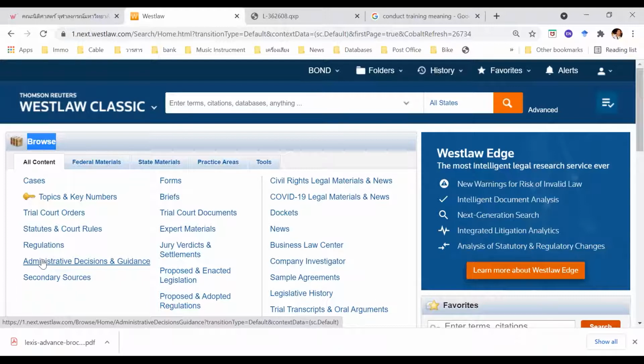So I need something to explain what you can do, what you cannot do, or what the core of the law says. It gives more understanding, so you just use the secondary source. I will open up the secondary source to start with.